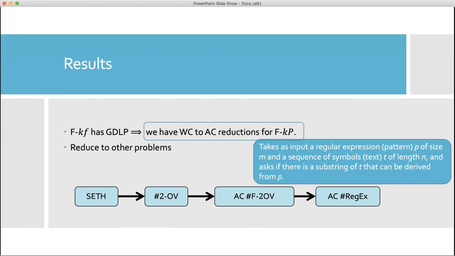And we show that over a sequence of reductions, we can show average case hardness for counting regular expressions from SETH, or strong exponential time hypothesis, where we use factored 2OV as our middle step. And the distribution over which counting regular expression is hard is not uniform, but it is a natural and easy to sample distribution.